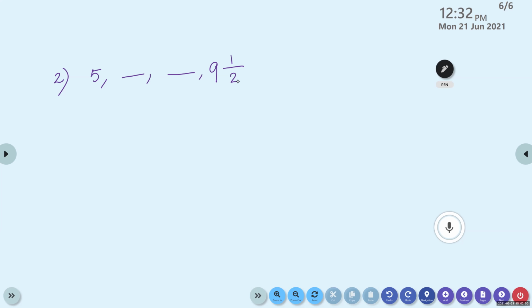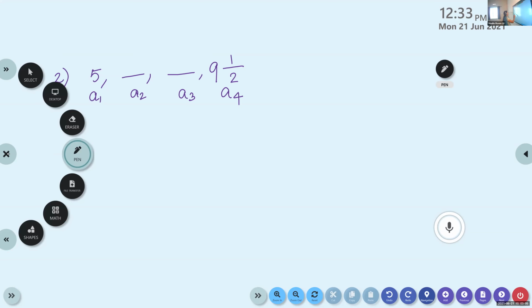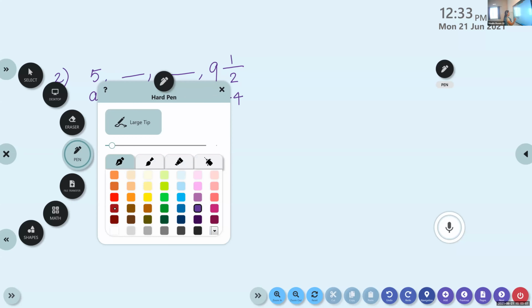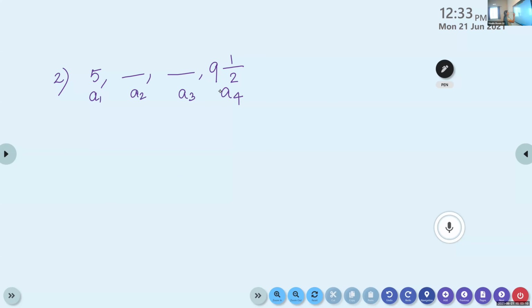First you name these as A1, A2, A3, A4, isn't it? Then first term A1 is equal to A is equal to 5. A2 is question mark, A3 is question mark, and A4 is given.